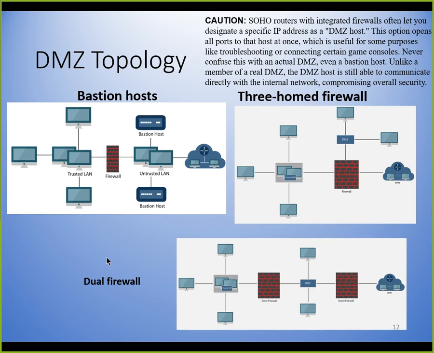The DMZ, the demilitarized zone, is an area where we allow everybody to get to a few resources. So the DMZ would probably have a web server, maybe an email server, maybe a database server.